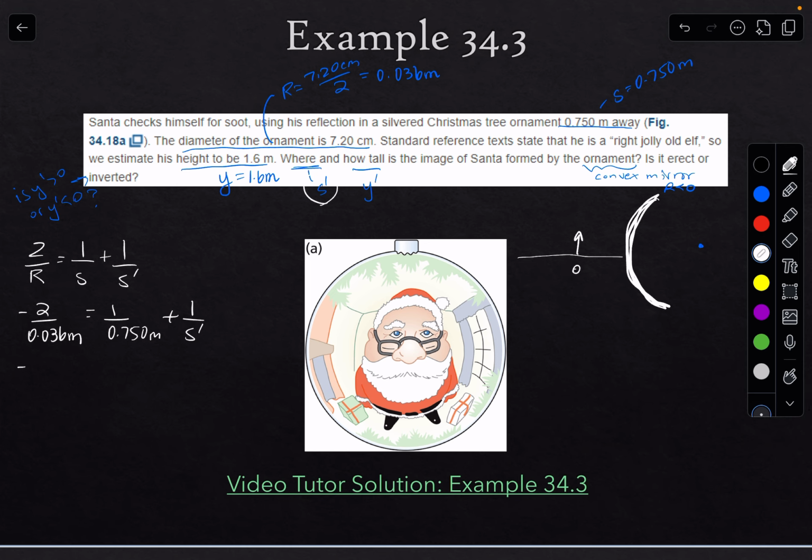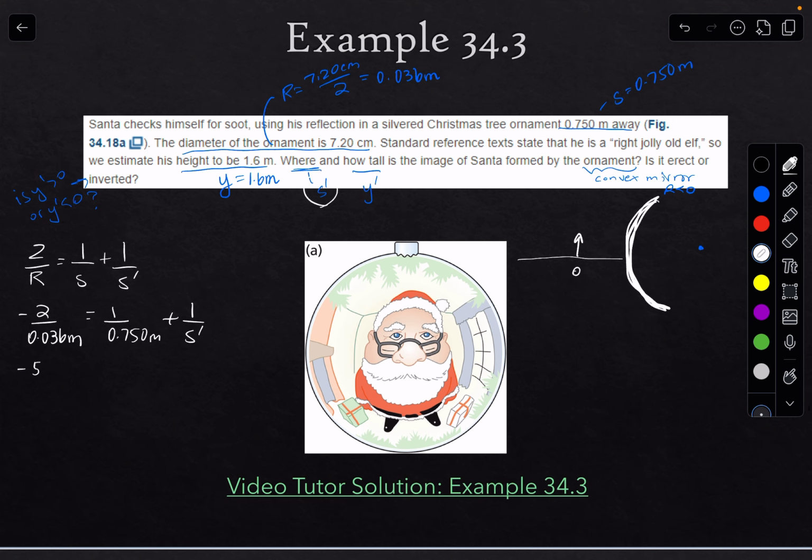So this becomes, mental math, not the greatest here, a little more difficult, but it would still be possible if we really wanted to do that. So I get negative 55.6 inverse meters. I'm going to subtract 1 over 0.75.